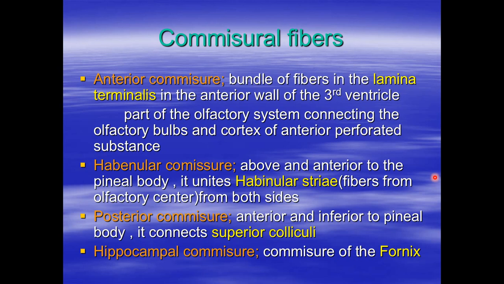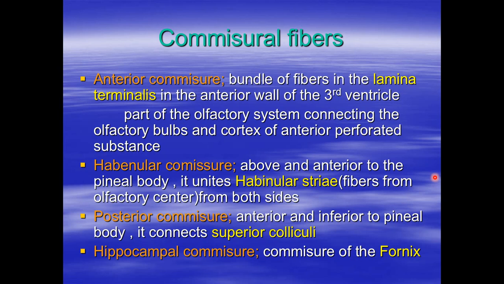While the habenular commissure, the second type of commissural fibers, is above and anterior to the pineal body, so it's posterior in location. The pineal body is located just below the splenium of the corpus callosum, and above it and anterior to it is the habenular commissure, which unites the habenular striae, fibers also from the olfactory centers from both sides.